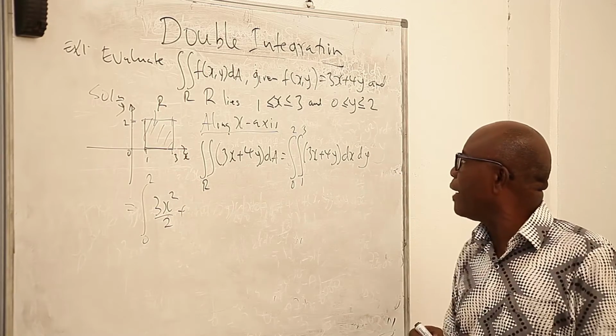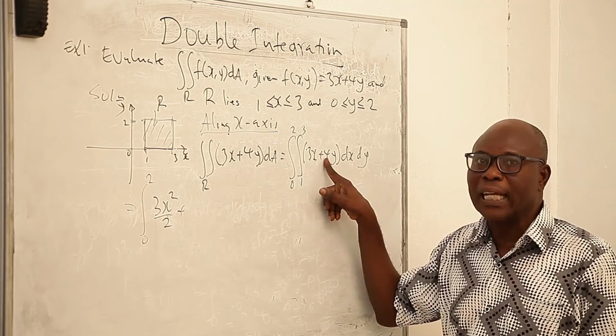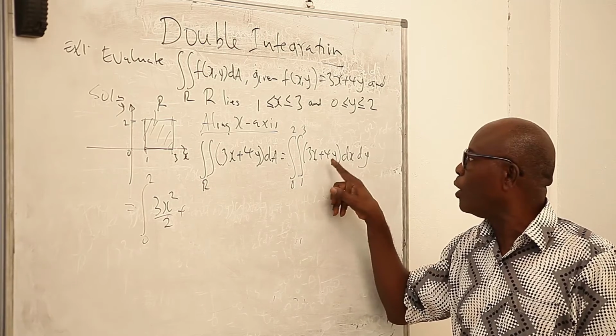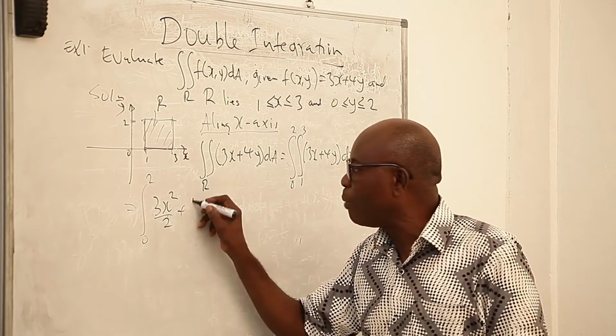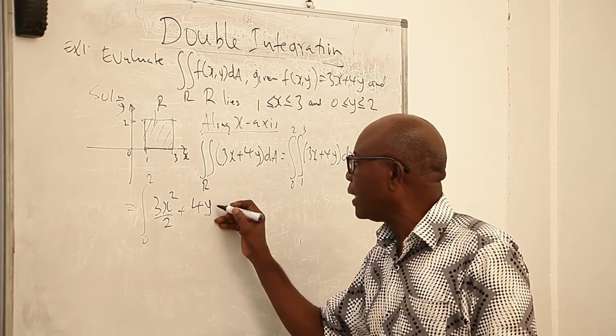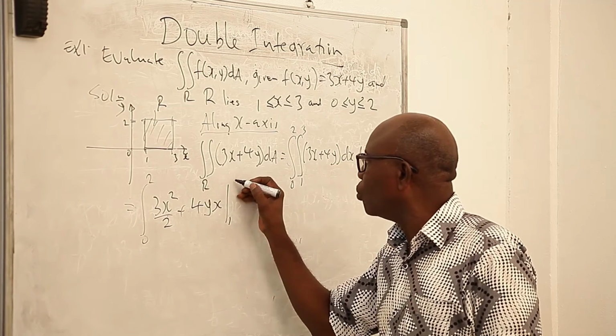Now, if you integrate 4y dx, 4 is a constant, y is a constant. So if we integrate a constant with respect to x, we get the same constant times x, 4y times x. And the limit is from 1 to 3.